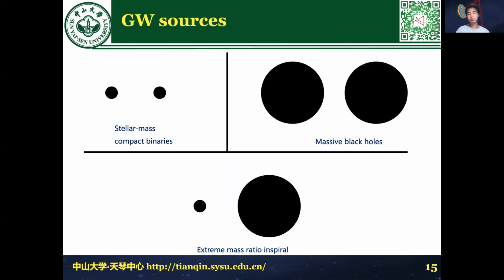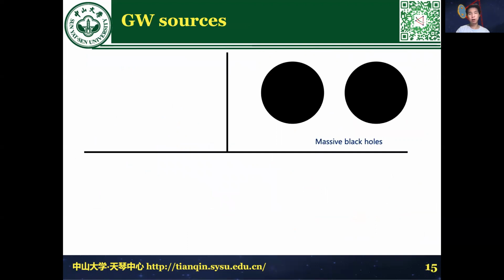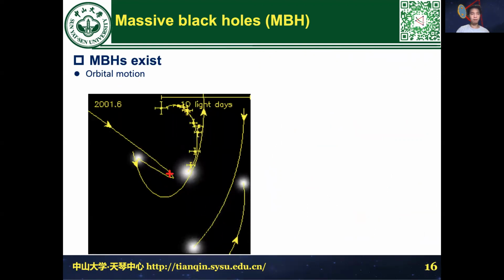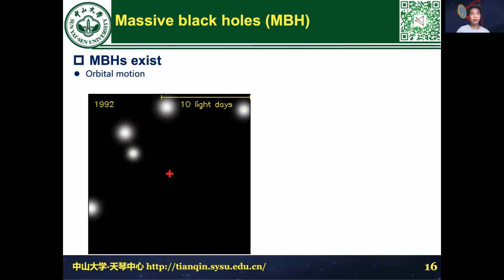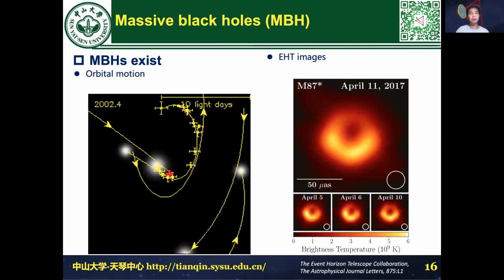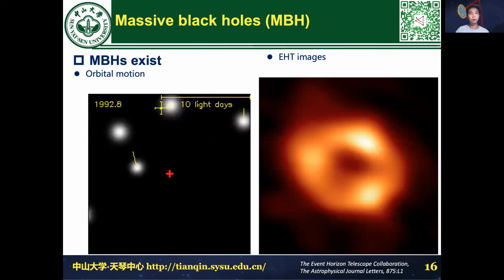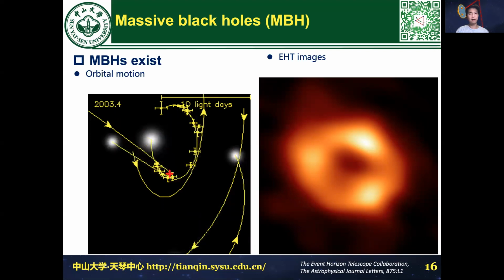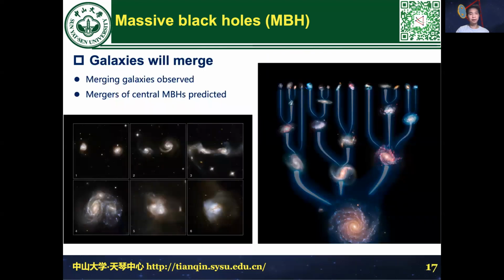Now, let's move on to the massive black hole objects, the binary massive black holes. We know from astronomical observations that very massive black holes exist in our universe, and they are ubiquitous. We see them in the center of our Milky Way and also in galaxies far, far away. On the other hand, we know that galaxies will merge.